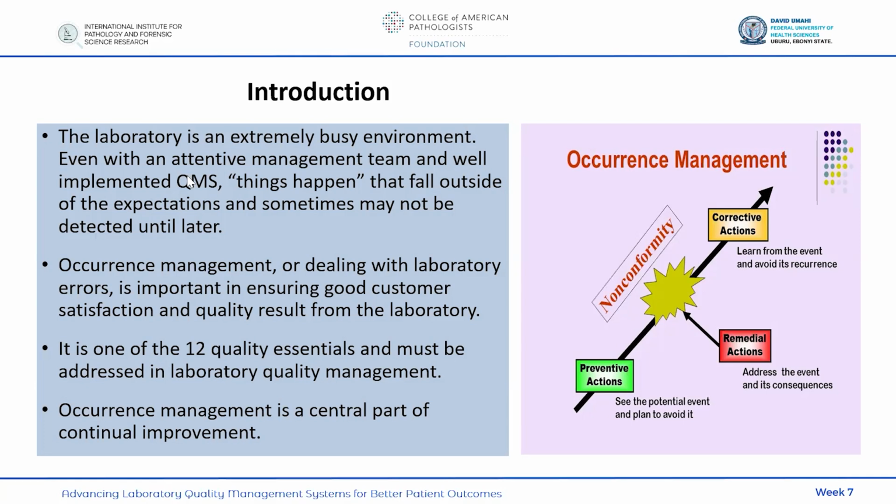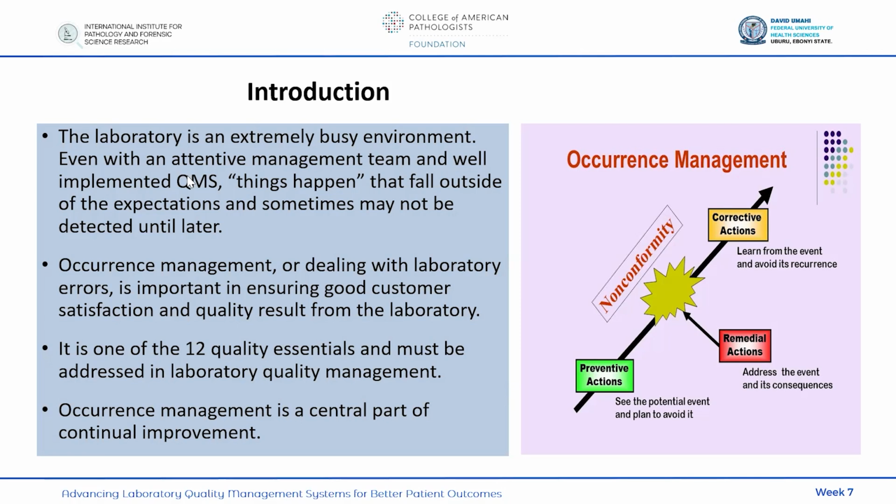errors. It's so important because without it, you find out that you won't be able to meet up with results that are of acceptable standard. Therefore, occurrence management is a very important part of the 12 quality essentials that we have been discussing since this lecture series started.